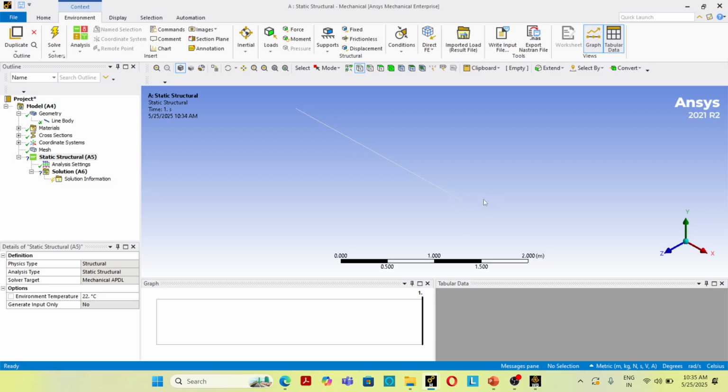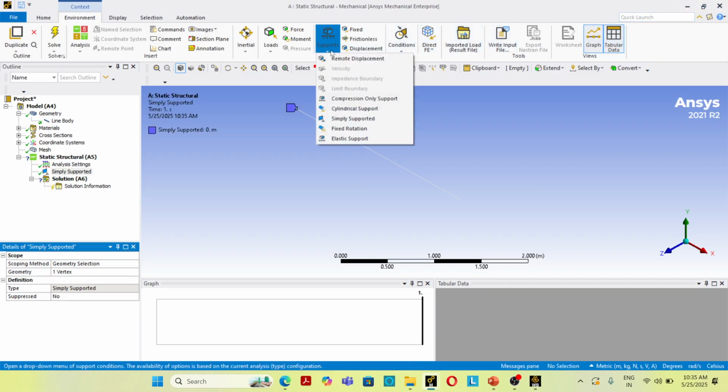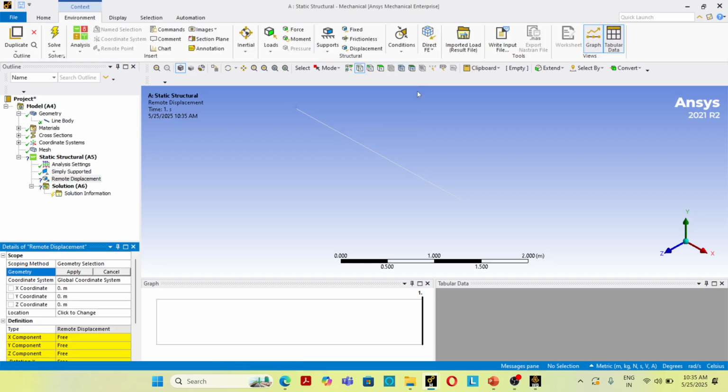And here we are applying remote displacement. As in the simply supported beam, here is a hinge joint and here is a roller support. So there will be movement in x direction and also rotation in z direction. So go to support, simply supported, here apply, and go to remote displacement.